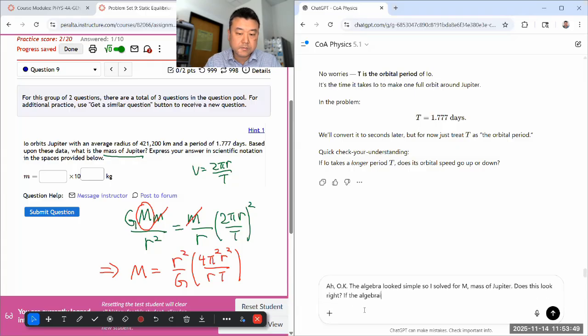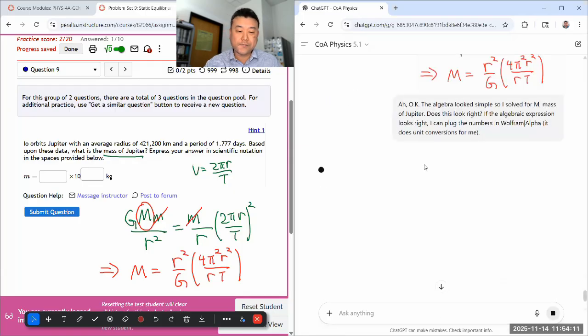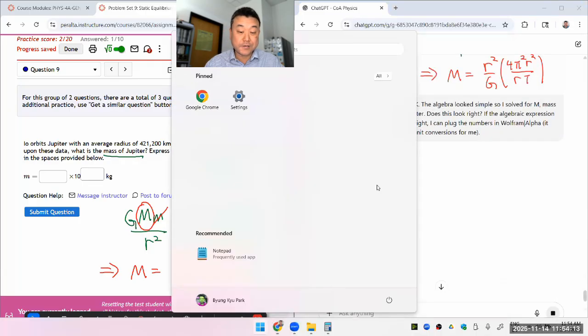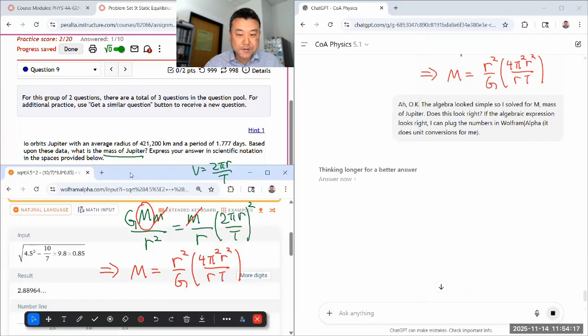If the algebraic expression looks right, I can plug the numbers into Wolfram Alpha, it does unit conversions for me. And I don't actually have to wait for the Physics GPT's response. I know it's right. So let me plug the numbers into Wolfram Alpha.